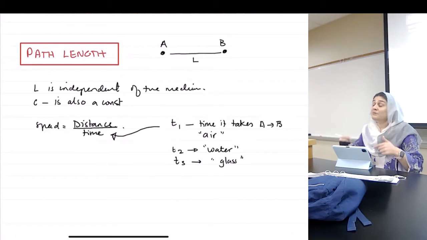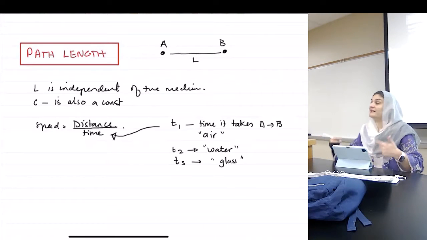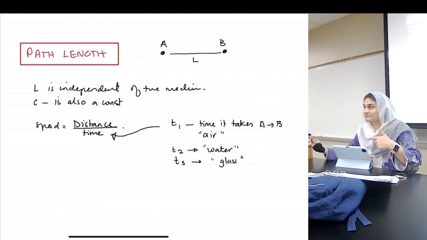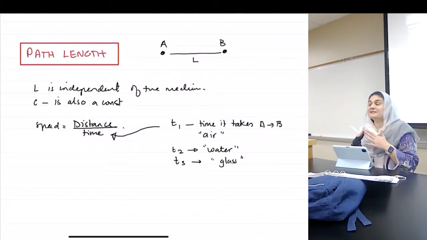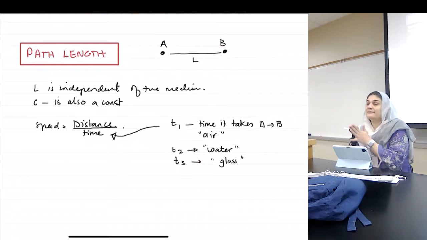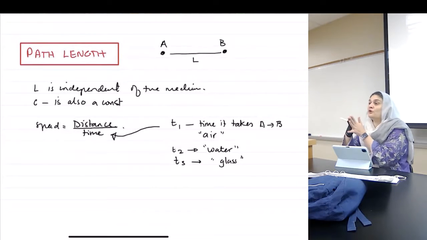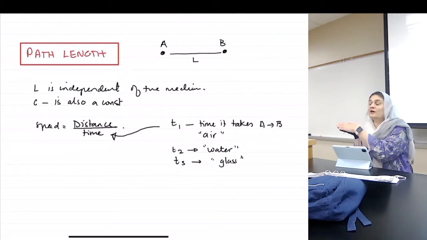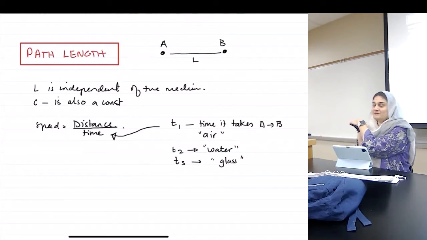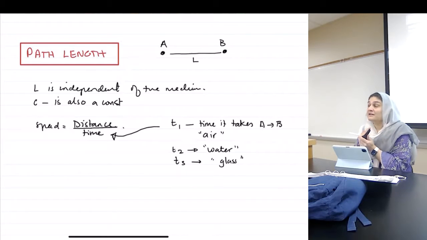Now, by how much longer will it take light to go from point A to point B compared to air? We say that it takes light n times longer to go from point A to B if the medium is water, where n is a number that we call the refractive index of the medium.